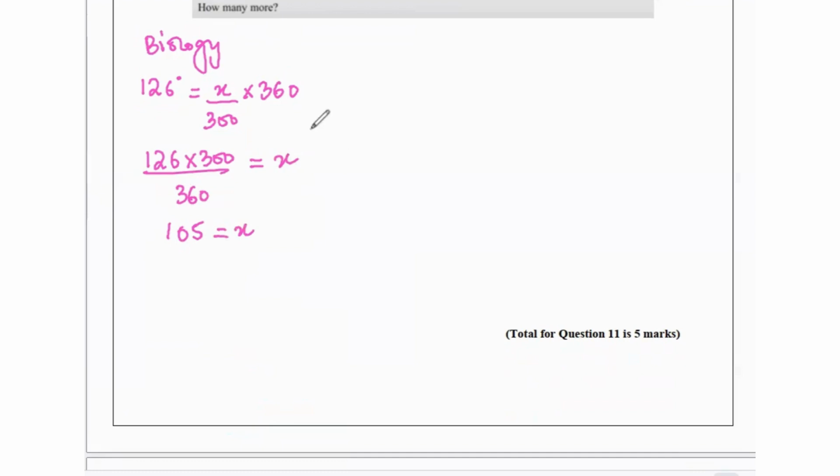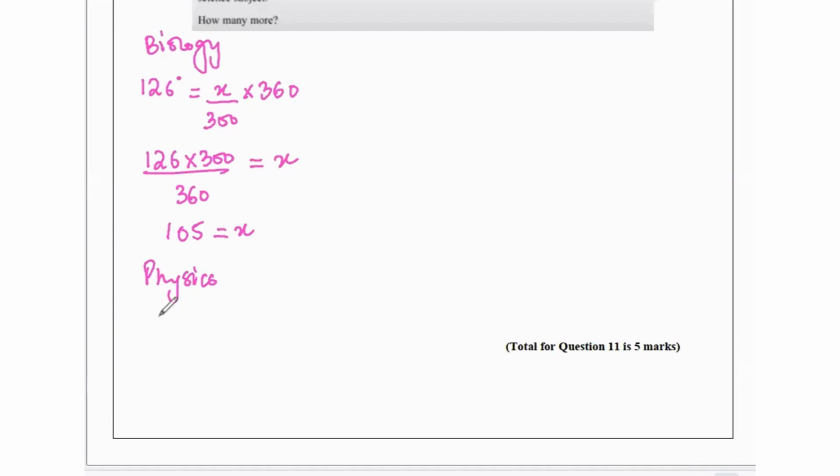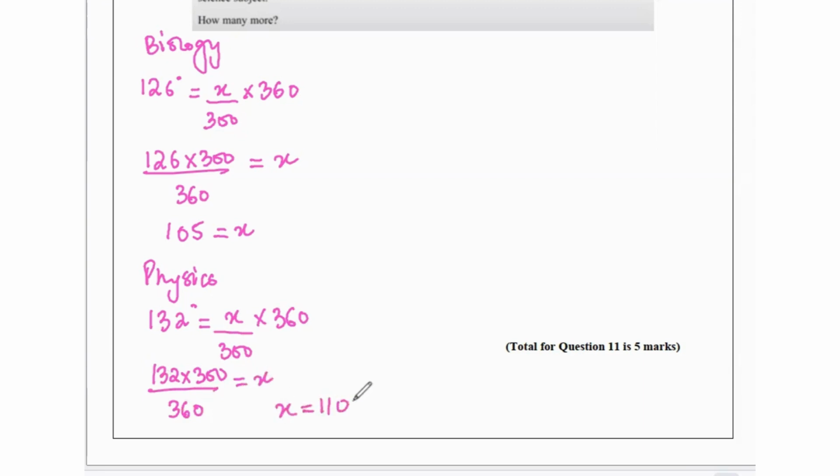That's for biology. Now for physics, angle is 132. So 132 degrees equals x over 300 times 360. So 132 times 300 over 360. That's going to give us 110.